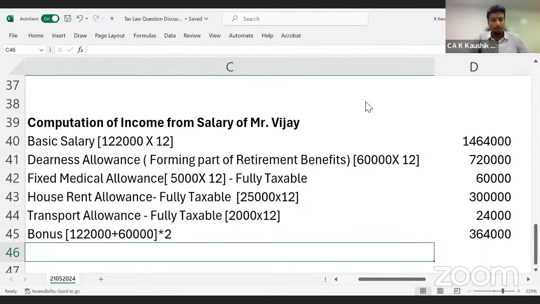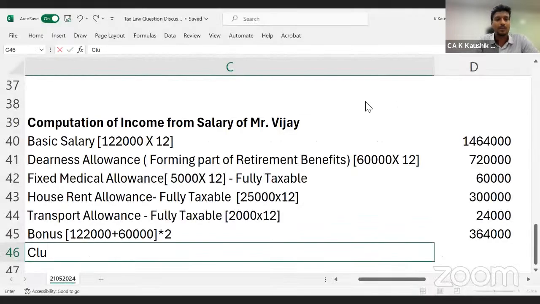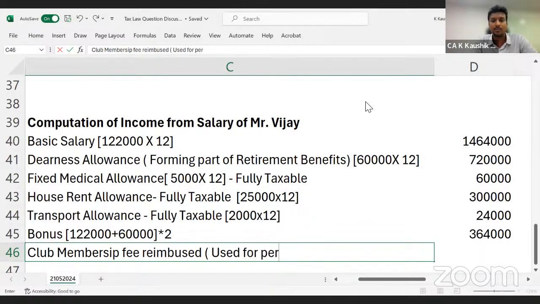Now you have the other benefits, given in terms of the club membership reimbursement. Whether it is taxable or not is something you will have to look into. Club membership fee reimbursed by employer: if given for the purpose of office activities, then it is exempt. But here you will have to write a note that the club membership fee reimbursed is used for personal purpose and hence becomes taxable.